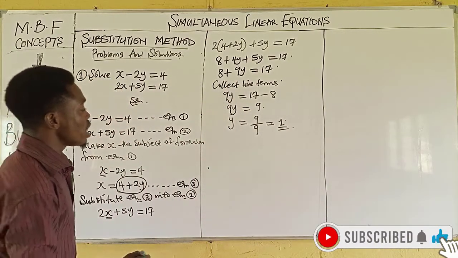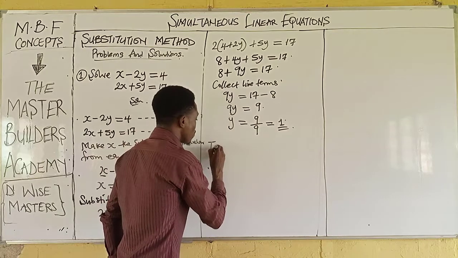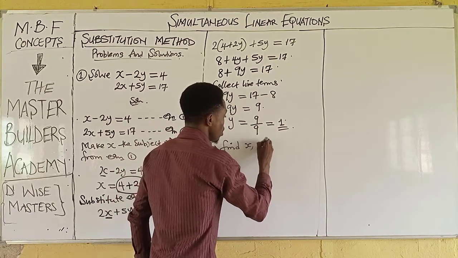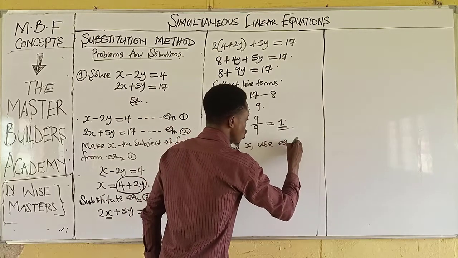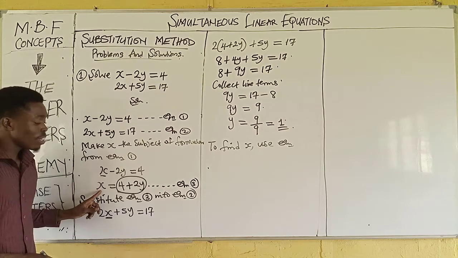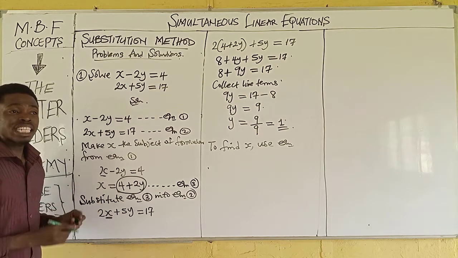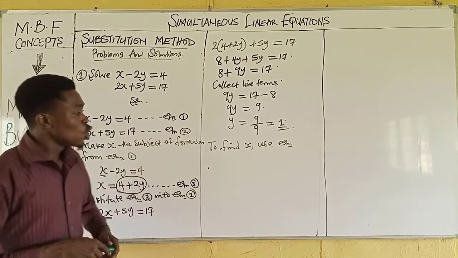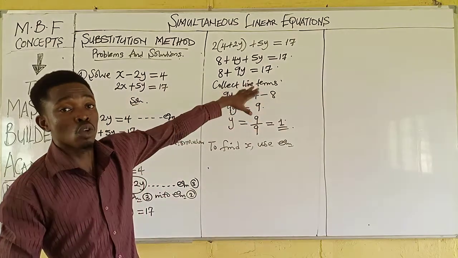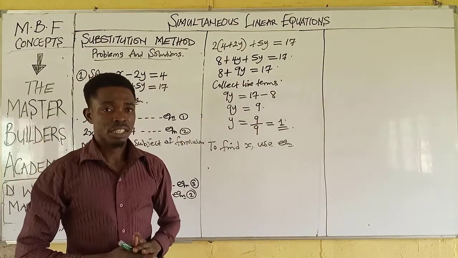Then the next thing we do is to find x. To find x, use equation 3. That is the easiest equation because that is where you already have x as the subject of the formula. So anytime you are using the substitution method to find the second unknown, having obtained the first unknown, use equation 3. Alright?